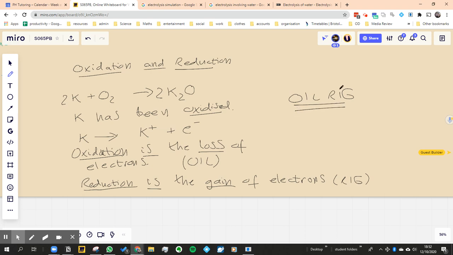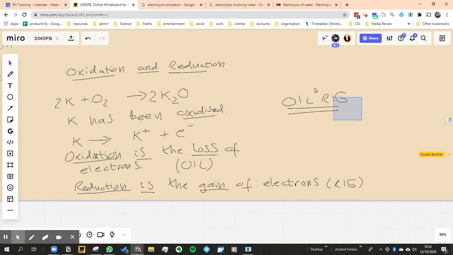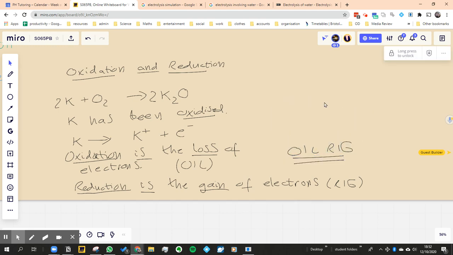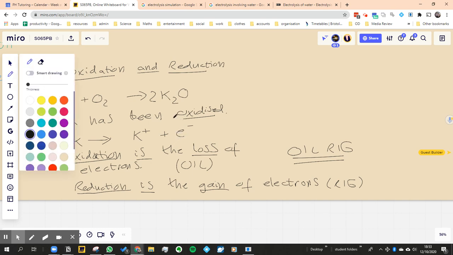So that's your way of remembering the new definitions for oxidation and reduction, because you can actually have oxidation without oxygen. If we look at this situation here, we've got potassium becoming potassium ion plus an electron, but also something's happened to the oxygen.